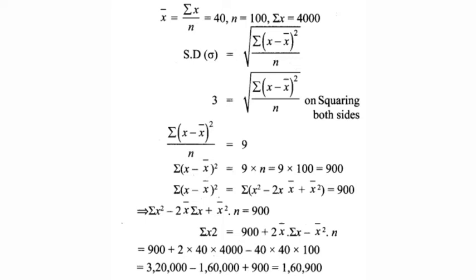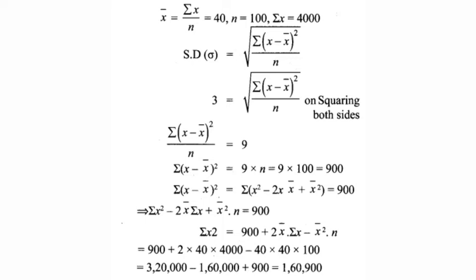Now simplify x minus x bar the whole square, using the a minus b the whole square formula: summation x square minus 2x into x bar plus x bar square, that equal to 900. We multiply the summation value, therefore summation x square minus 2 into x bar into summation x plus x bar square into n, that equal to 900.